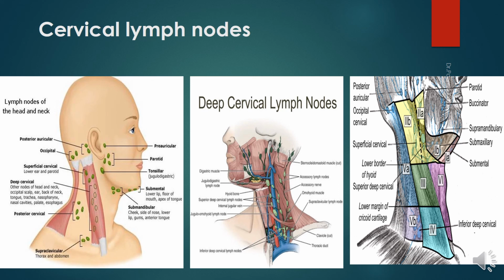Then the lower deep cervical is the jugulo-omohyoid node. It lies just above the intermediate tendon of omohyoid under cover of the posterior border of sternocleidomastoid, and it is the main lymph node draining the tongue.